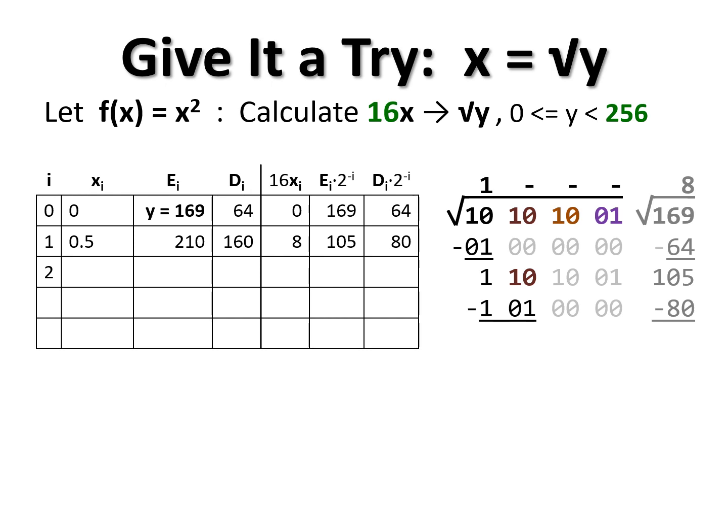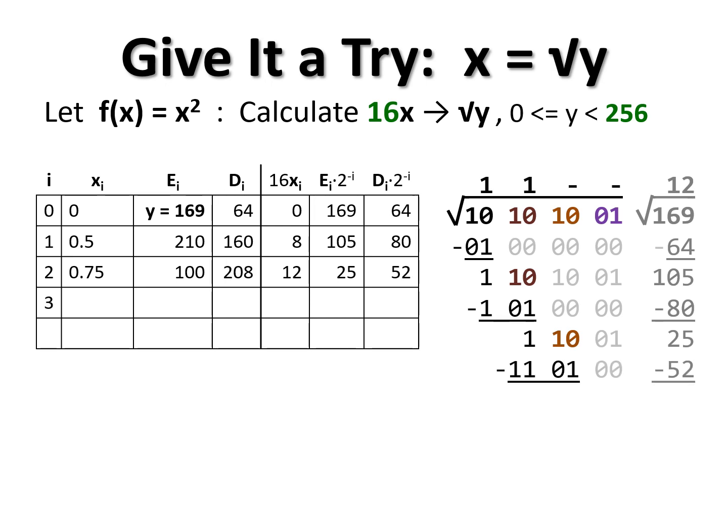Then take the current partial result 1, append 0, 1, and subtract. The result of that subtraction is non-negative, so put a 1 in the result, bring down the next 1, 0, giving 1, 1, 0. Then take the current partial result, 1, 1, append 0, 1, and subtract. The result is negative, so discard that and put a 0 in the result.